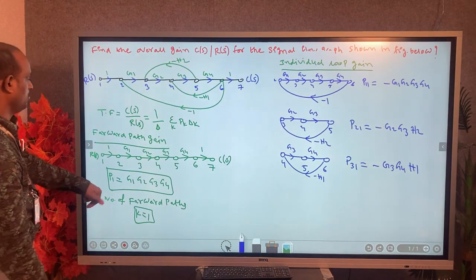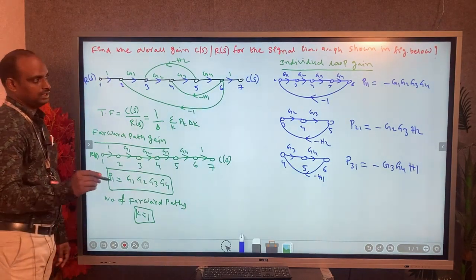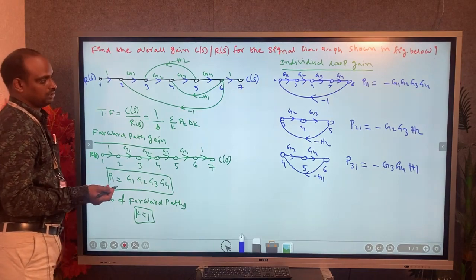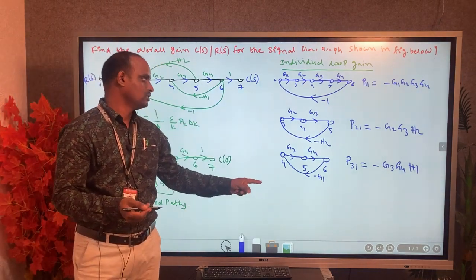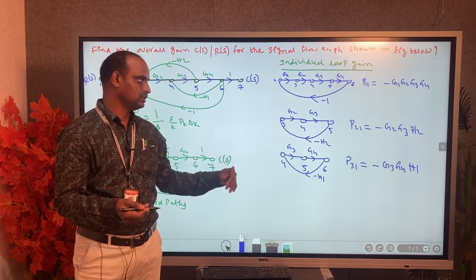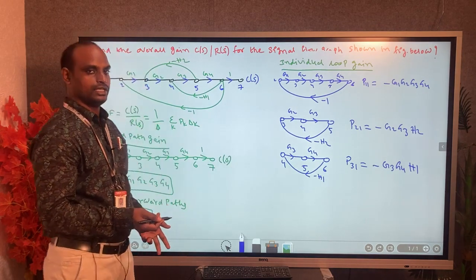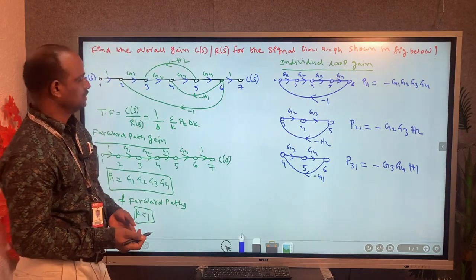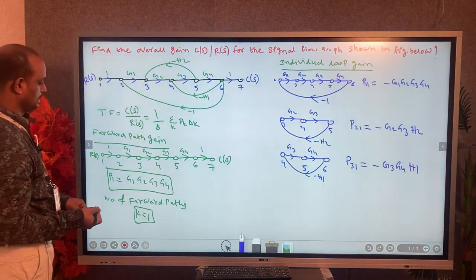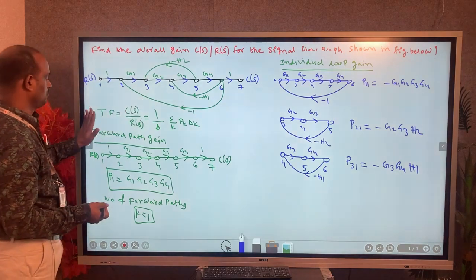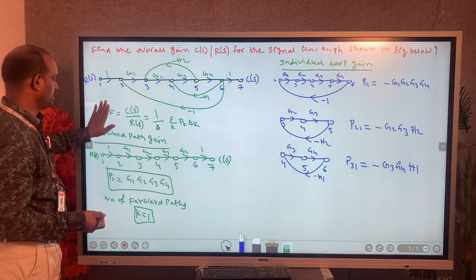So next we have to find out the non-touching loops, 2 non-touching loops. As we have 3 individual loops, we have to search whether 2 non-touching loops are there, and next 3 non-touching loops. You have to check.